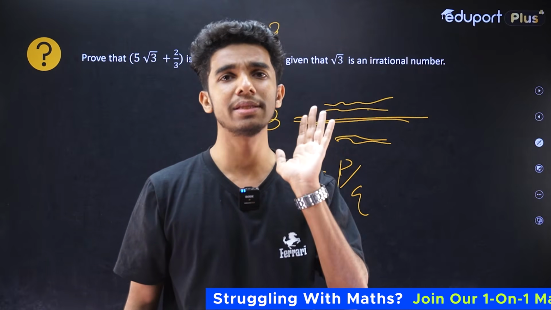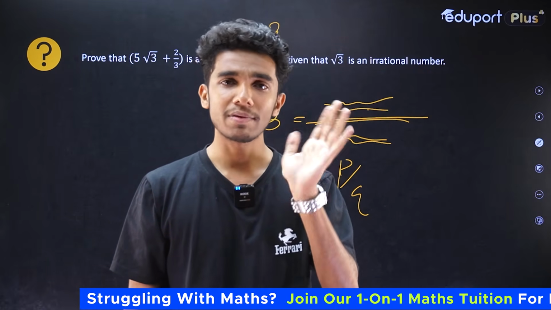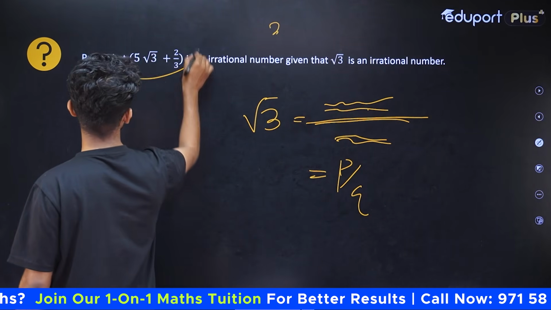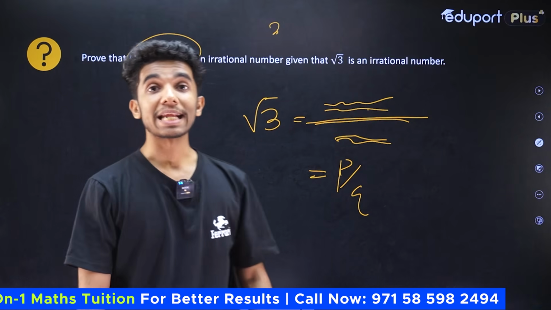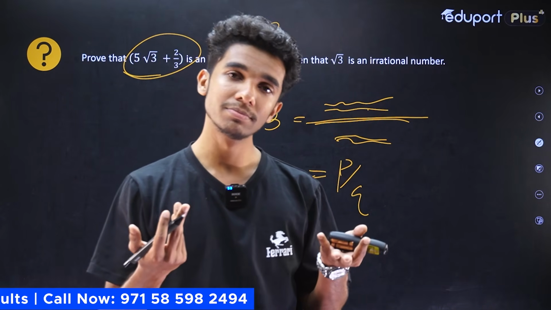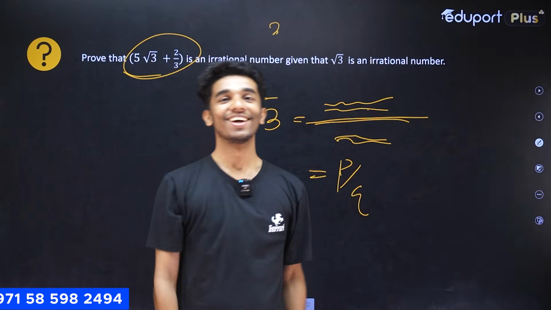It contradicts our assumption that 5 root 3 plus 2 by 3 is rational. So if it is not rational, it is irrational.